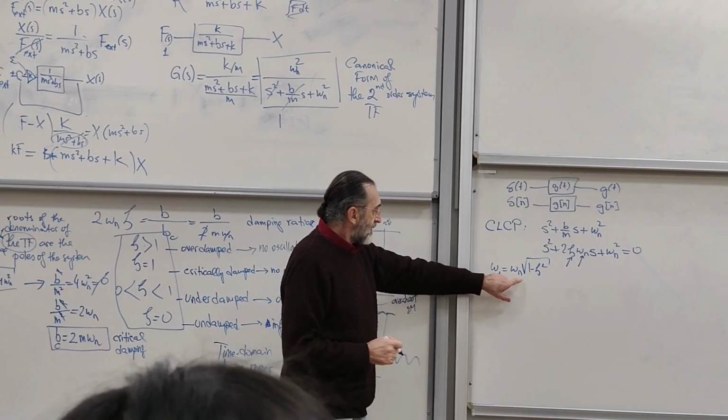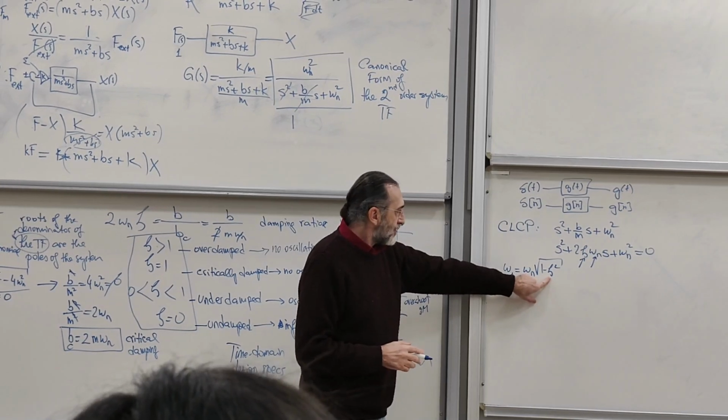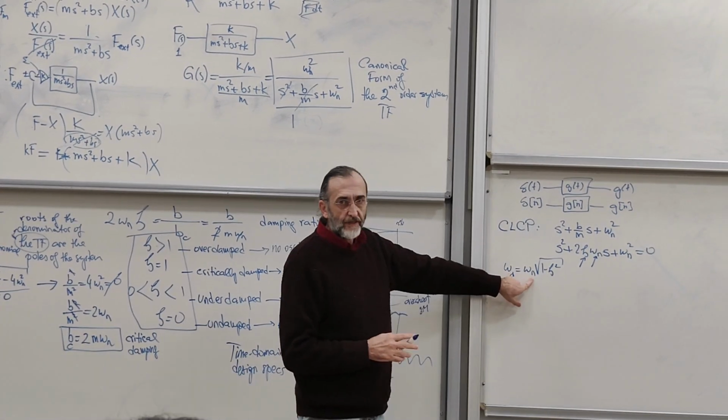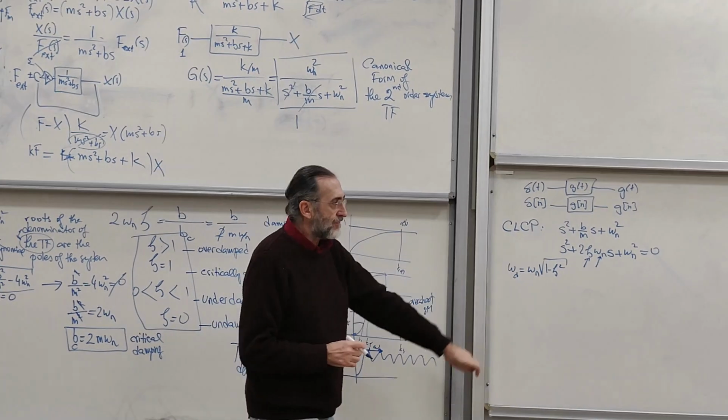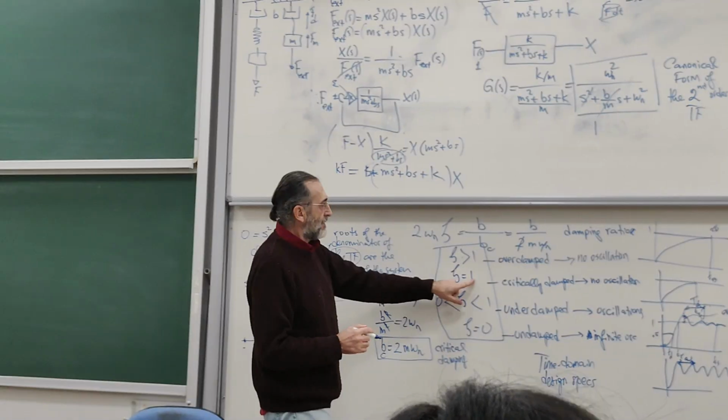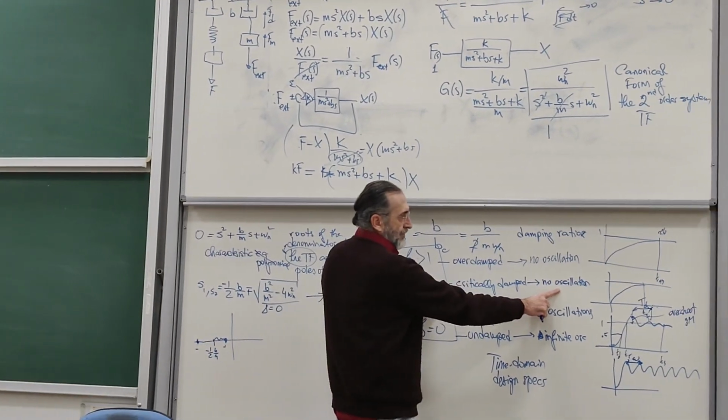If zeta is 0, omega d turns into omega n. If zeta is 1, omega d is 0.